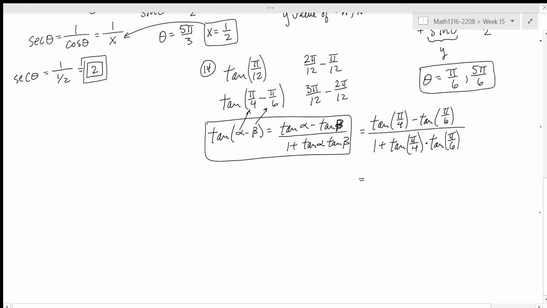Tangent of pi over 4, I think that's 1. Tangent of 45 is 1. How about tangent of pi over 6? Anybody know what the value of tangent of pi over 6 is?